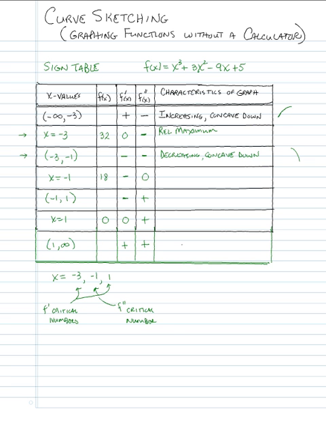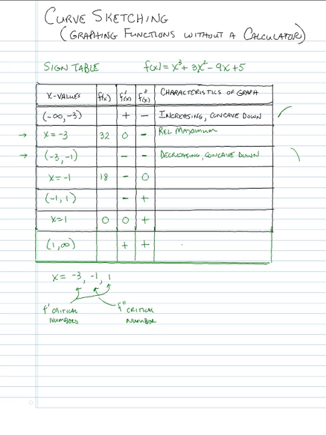In fact, I could have looked at this. I could have looked at the 0 in this column, in this row, in the first derivative. And then I could have said, oh, well, look, the second derivative is negative there. And that means we're concave down. And so if we're concave down and we have a critical number of the first derivative, that means we have a maximum, doesn't it?